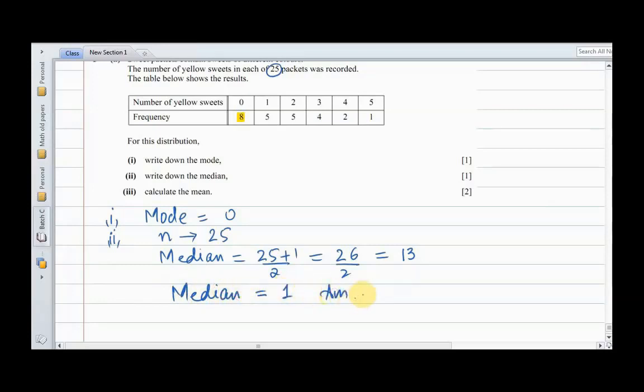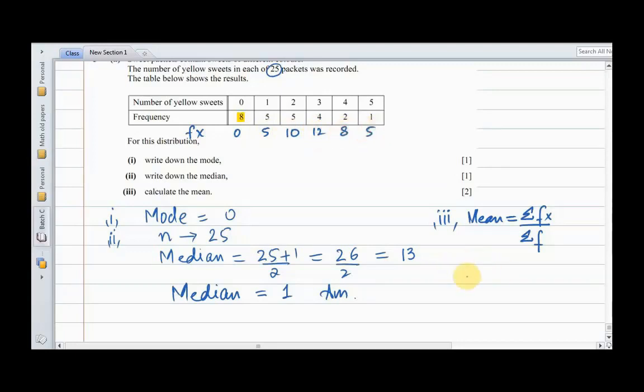After that, you need to find mean. We know that for mean, first you need to make a column of fx, because its formula is summation fx divided by summation f. So for fx, 8 times 0 is 0, 5 times 1 is 5, 2 times 5 is 10, 4 times 3 is 12, 4 times 2 is 8, 5 times 1 is 5.